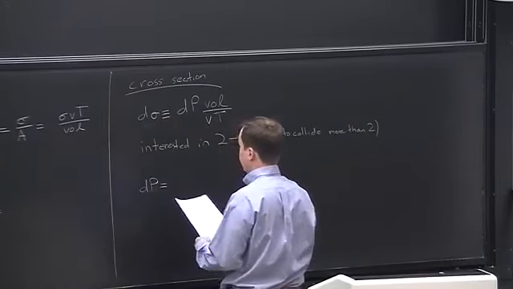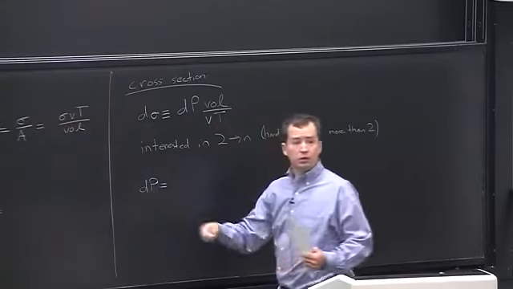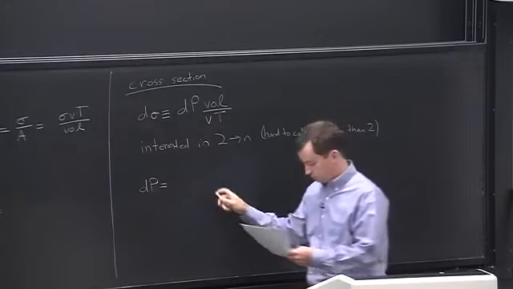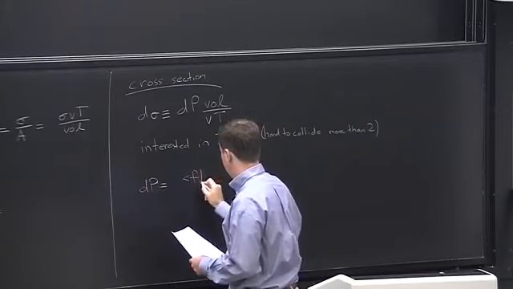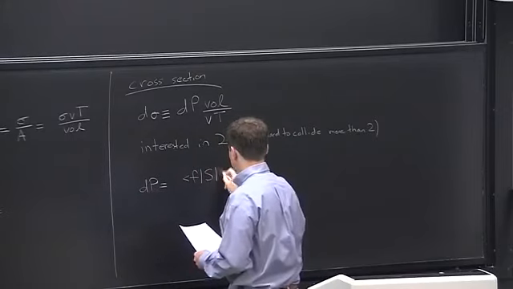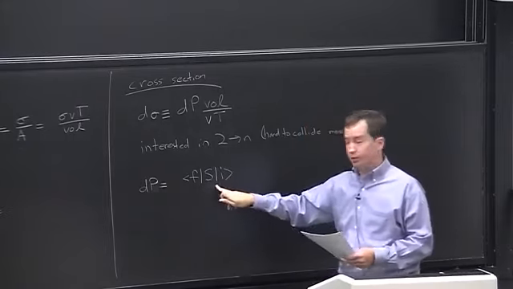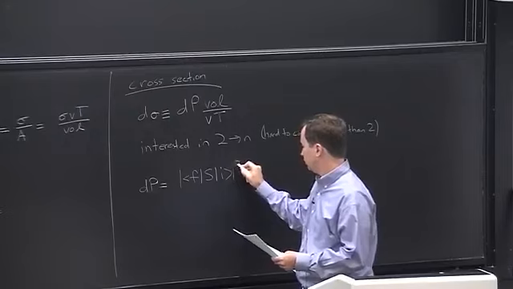We'll put that back into the cross-section form in a second. Differential probability, so that we go from some initial state to some final state. Well, it should be proportional to the transition amplitude from I to F squared.